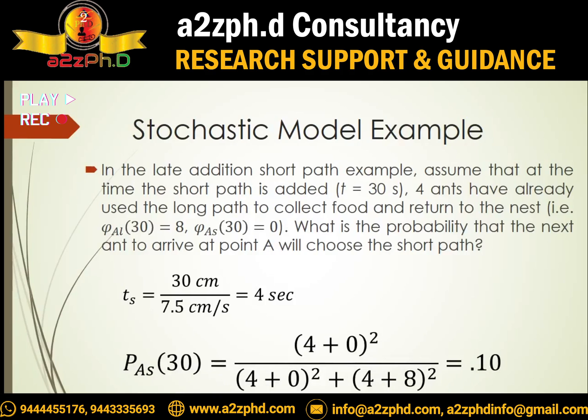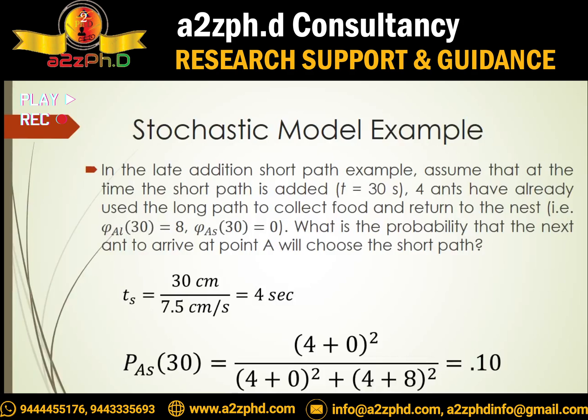So the probability that the ant at point A takes the short path at t equals 30 seconds is going to be 4 plus 0, since the short path hasn't been used, divided again by that same 4 plus 0 squared, plus 4 plus 8, which is the phi value for the long path.